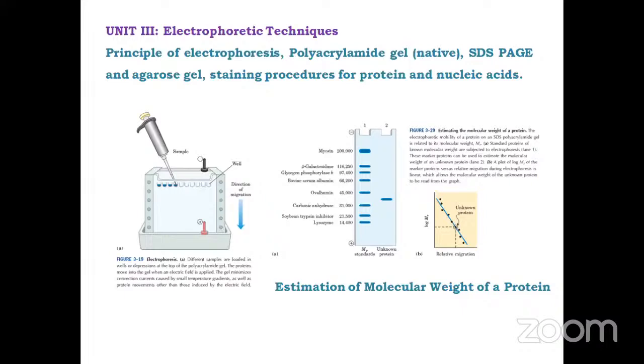So in contrast to the second unit, which is only talking about separation, this is separation as well as an analytical technique where you can have many applications: separation, analysis, studying the purity of a sample, as well as how to use electrophoretic techniques to determine the molecular weight of proteins, not only proteins, nucleic acids also.